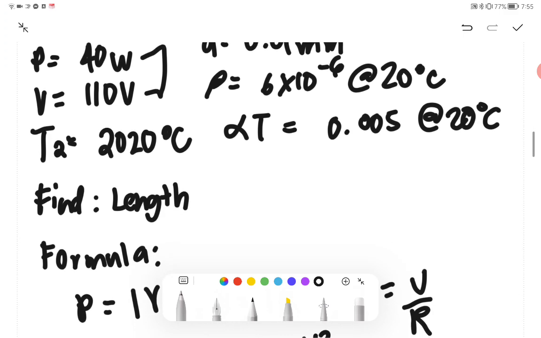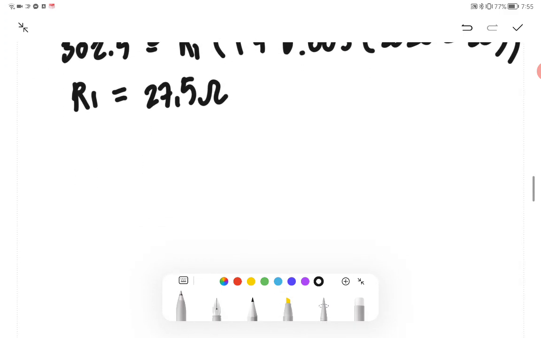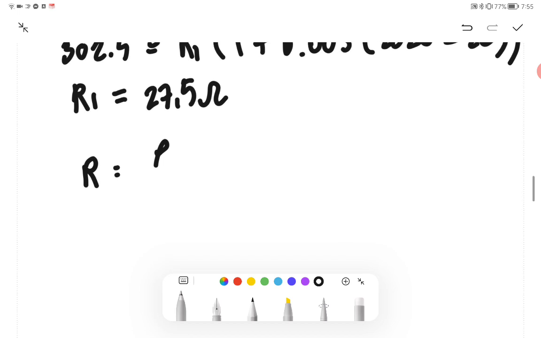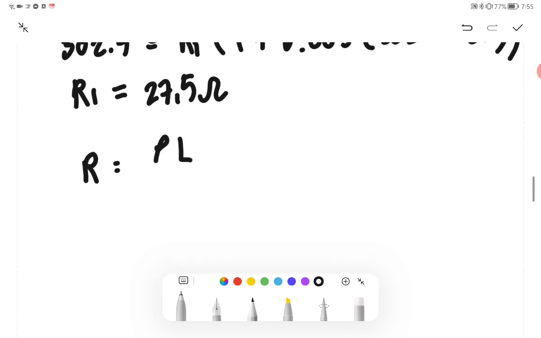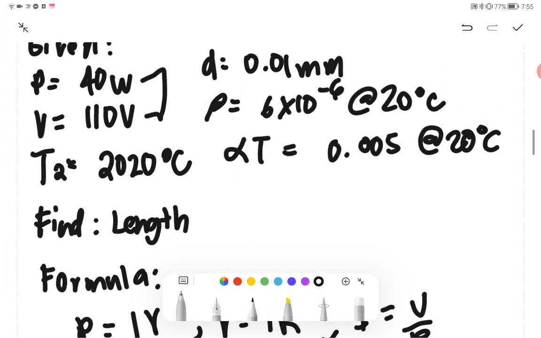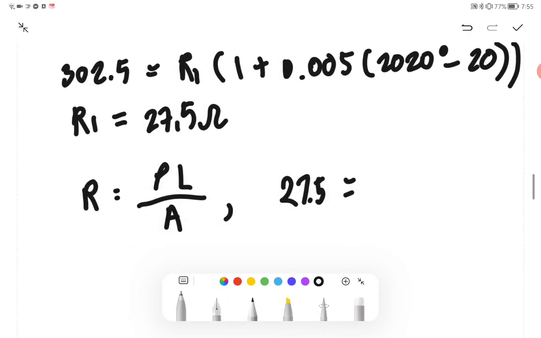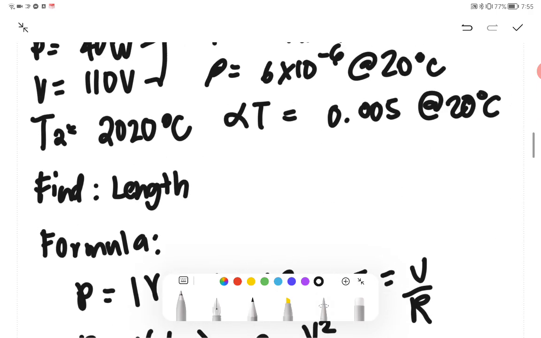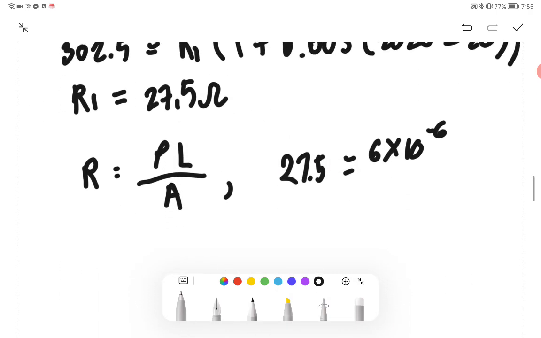So, also, we have to find the length. We will use another formula of resistance, which is R is equals to rho L over A. So we are given the resistance, which is 27.5 is equals to the rho, which is 6 times 10 raised to negative 6, I mean, right? Negative 6. And our length, which is the missing part, all over the area.